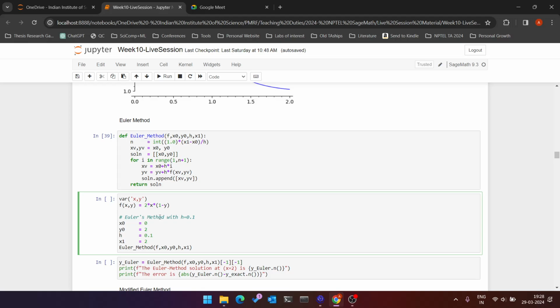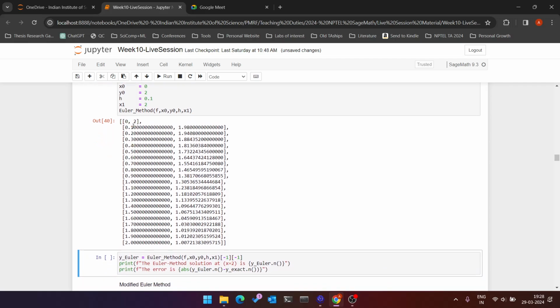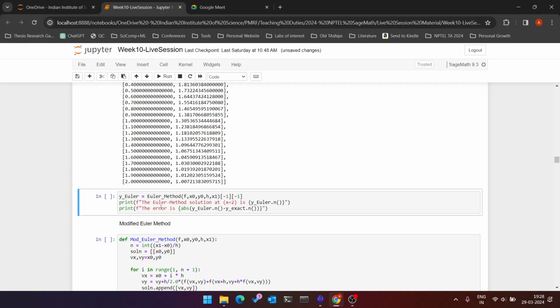Now I'll be running the Euler method function. You can see that x increases in steps of 0.1, and y also changes values. Based on this, the value of y using the Euler method with this particular step size, for this form of differential equation and the provided initial conditions x0, y0, turns out to be 1.07007.